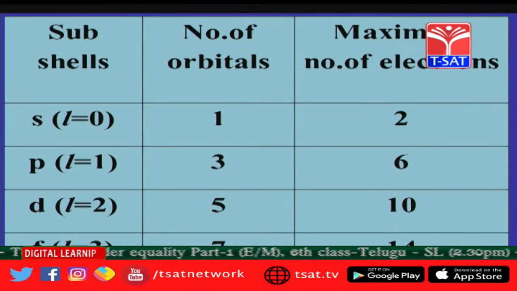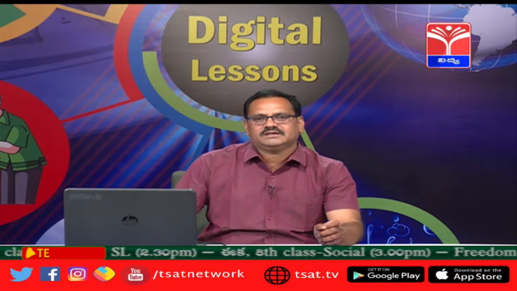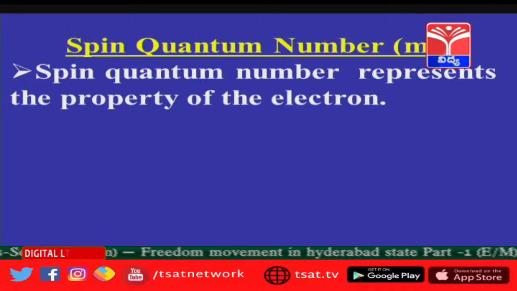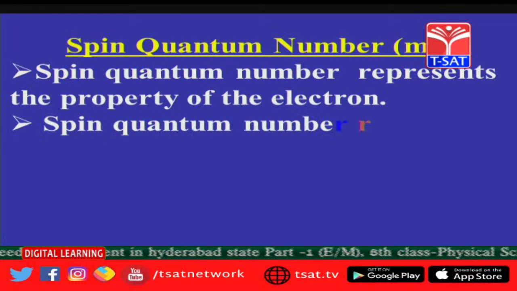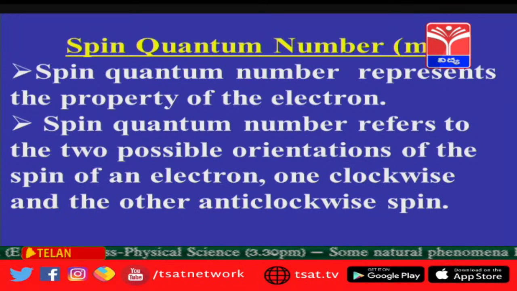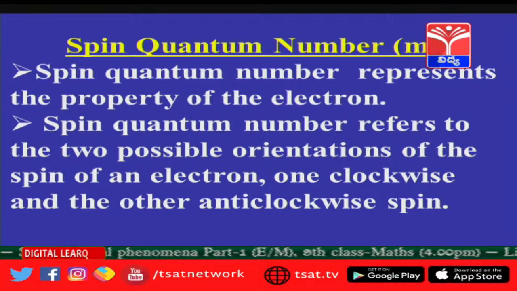You see here. Now, let us go for another quantum number, that is spin quantum number. Spin quantum number indicates the property of electron. The spin quantum number refers to the 2 possible orientations of the spin of an electron. One is clockwise and other is anti-clockwise.